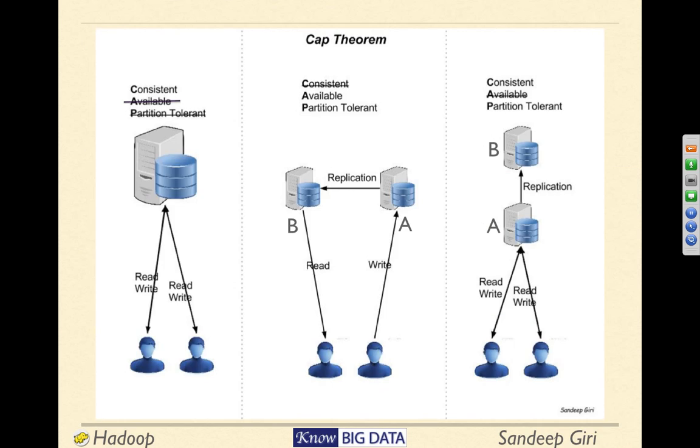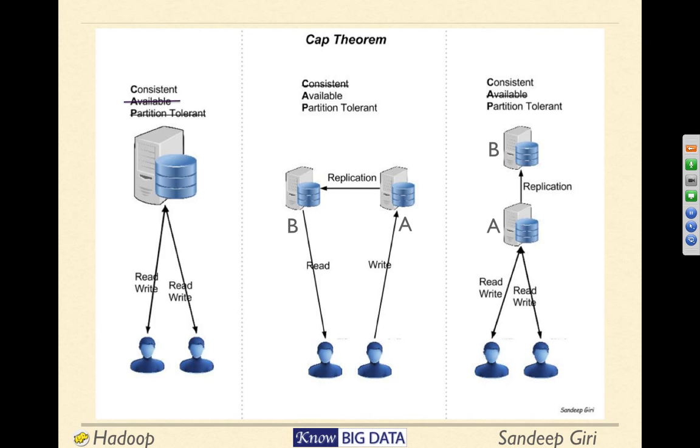Now, this diagram states the reasoning behind CAP theorem. Let's imagine there are three possible architectures. The first one is a single computer. This is how we had been doing databases traditionally. We had a single computer, and we were happily using it. All the users were writing to the single computer and reading from it.